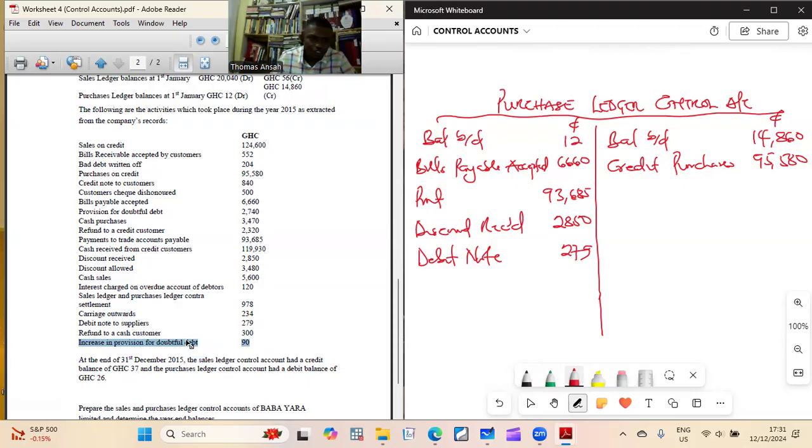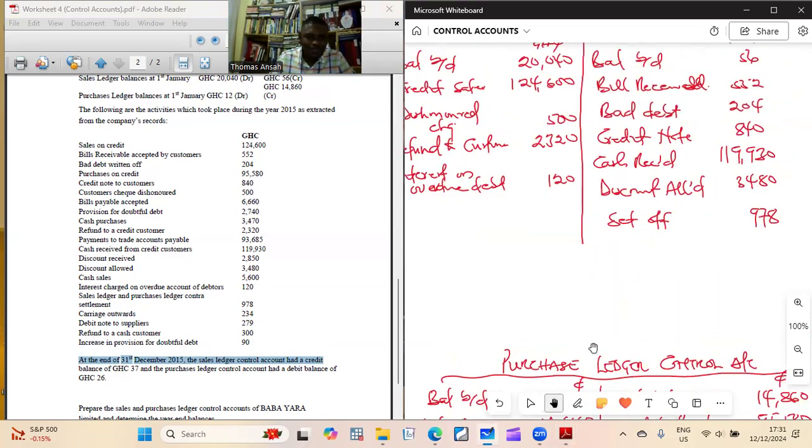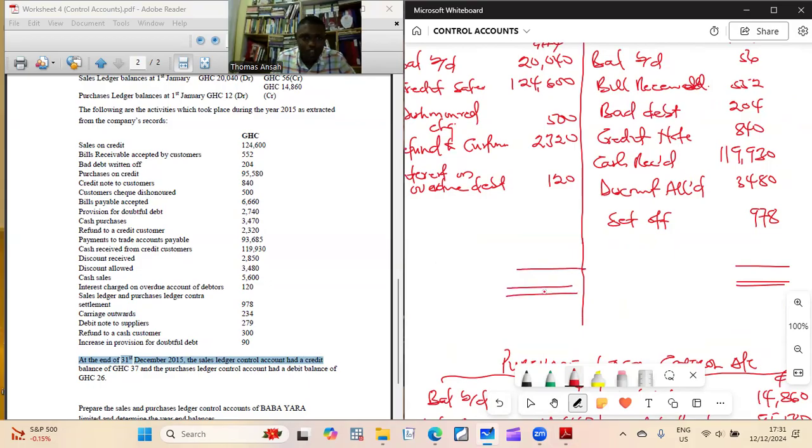It's also a provision. Now you realize that at the end of the year, 31st December, the sales ledger control account has a credit balance. I told you when the question says something has a credit balance, it means the balance brought down of that thing should be at the credit. So you have a balance brought down. How much is that? Credit balance of 37.